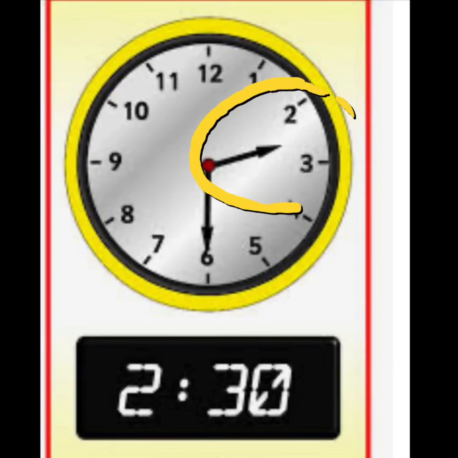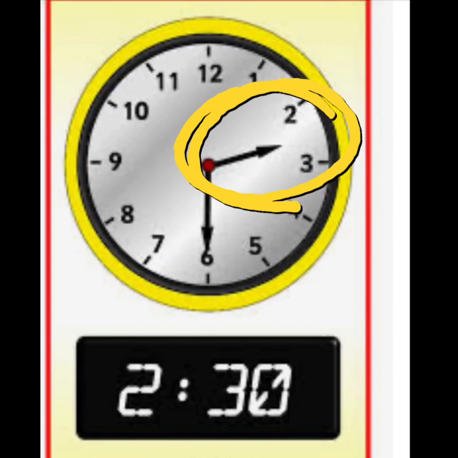Okay? When we say half past 2, pay attention to the hour hand. Our hour hand has moved halfway away from 2. You can notice the needle of this hour hand between 2 and 3.